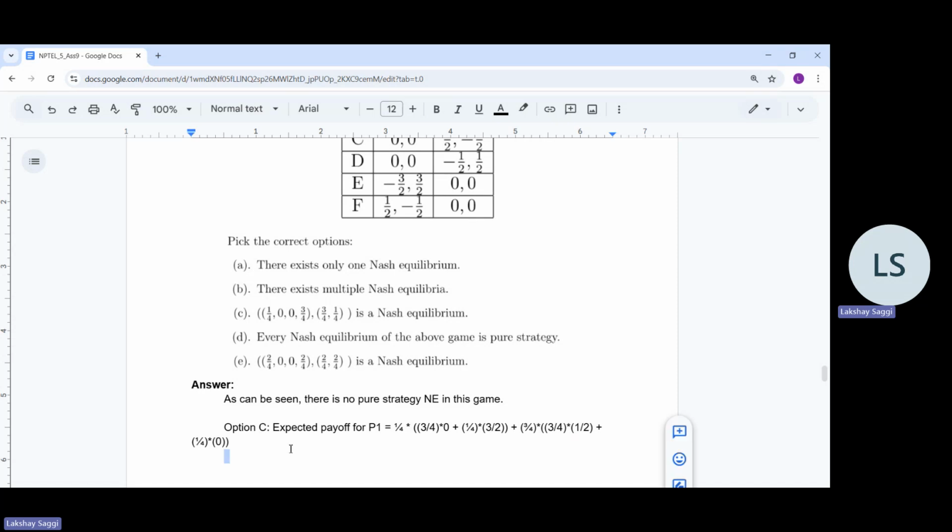So this is player one's payoff, and this is equal to 1/4 times 3/2, which is 3/8. So this is 1/4 times 3/2, which is 3/8, plus 3/4 times 1/2, which is 3/8, and the total is something like 12/32, right?